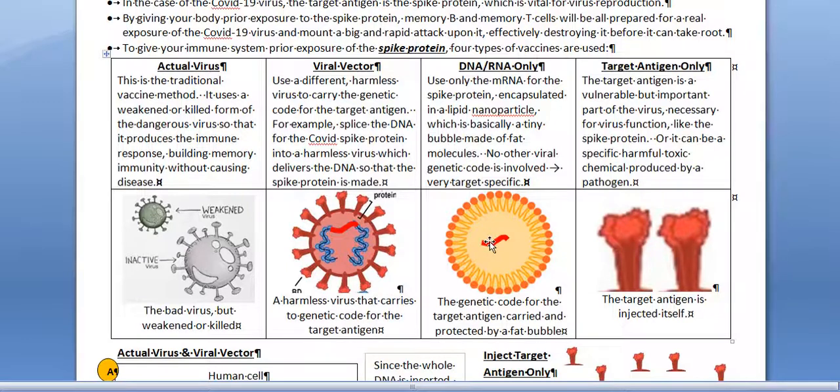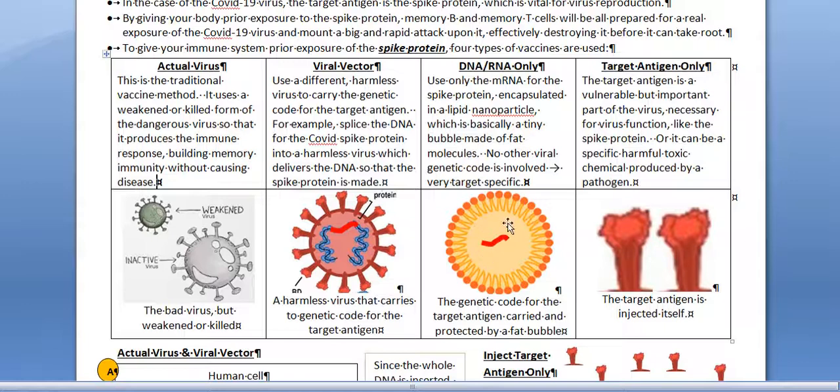And the mRNA is contained in there, and this is necessary for two reasons. One is that the COVID vaccines are mRNA, and mRNA is much more fragile than DNA, more susceptible to breakdown, so this protects it.